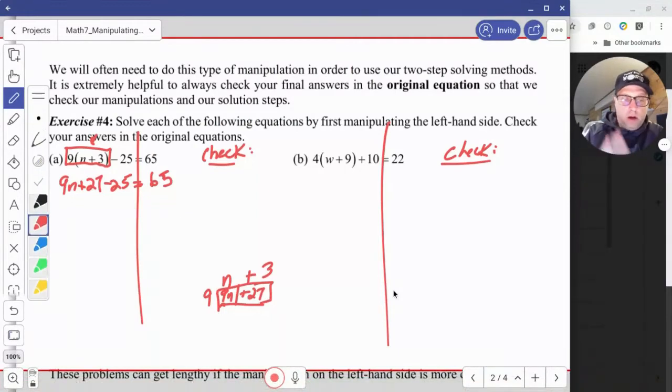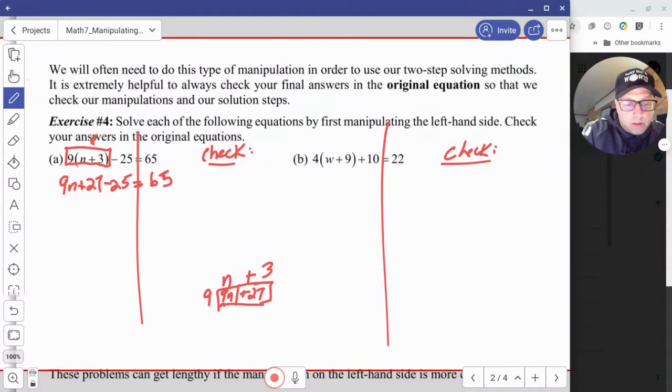The other way that we can shape those up is just to use underlines. So in other words, 9n is an n term, but plus 27 is different because it doesn't have an n. And then minus 25 is also not like 9n, but it is like plus 27 because those are the two constants. Neither one has an n, so they're like each other.